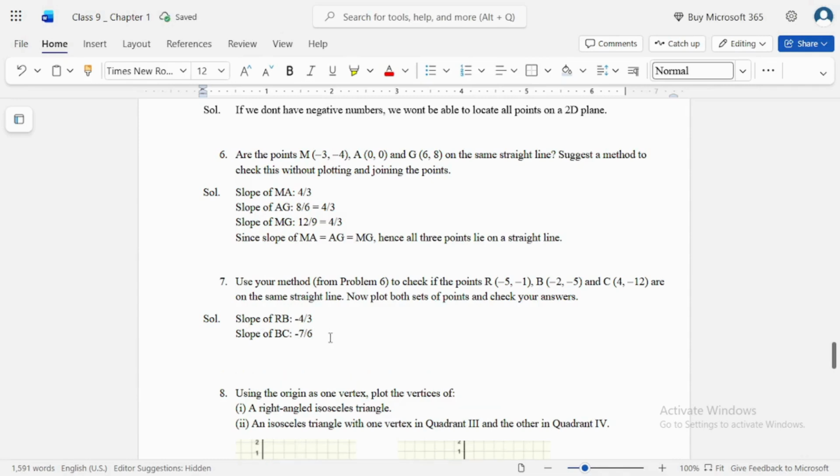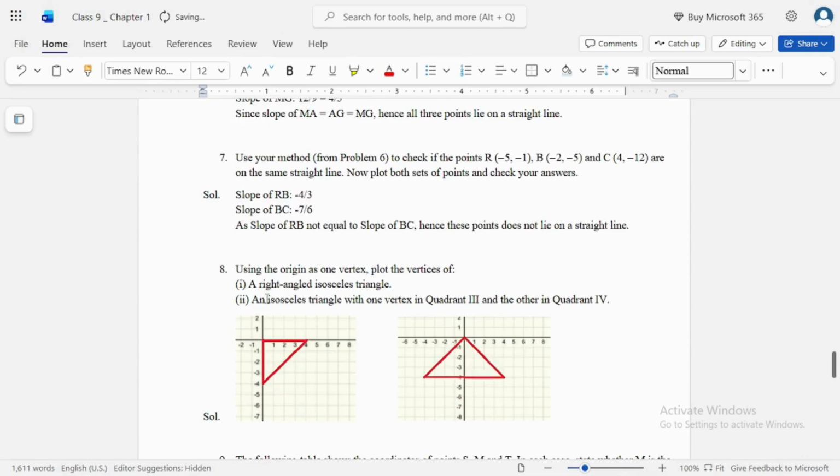So hence these points do not lie on a straight line.